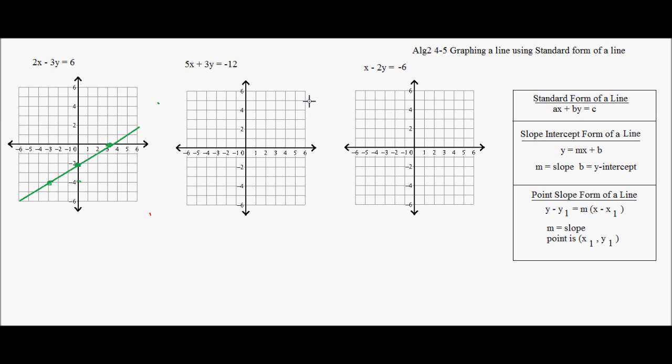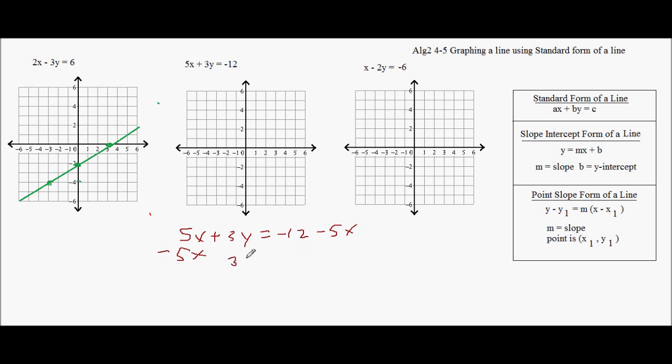Okay, so I'm going to take this one. Let's take this color. So 5x plus 3y equals -12. I'm going to subtract 5x from both sides.